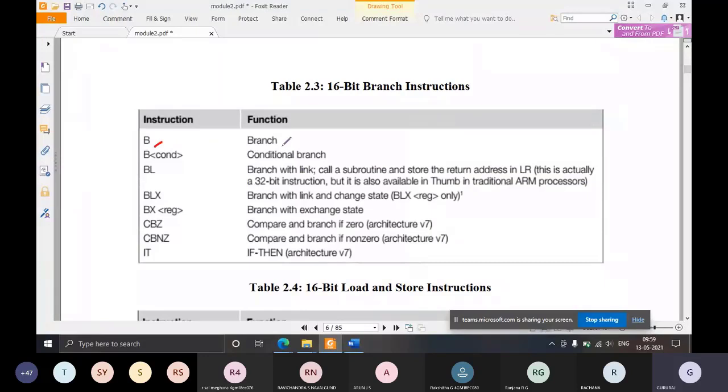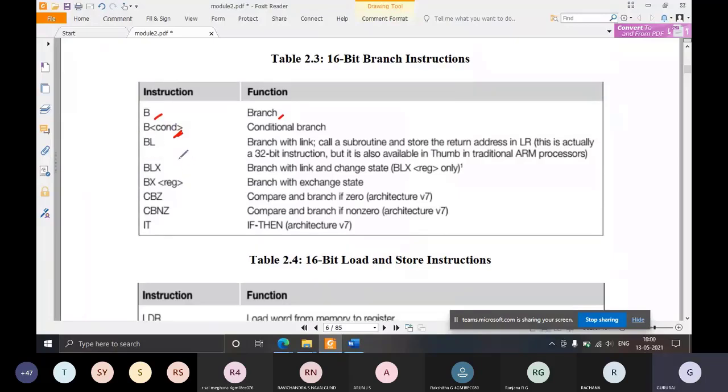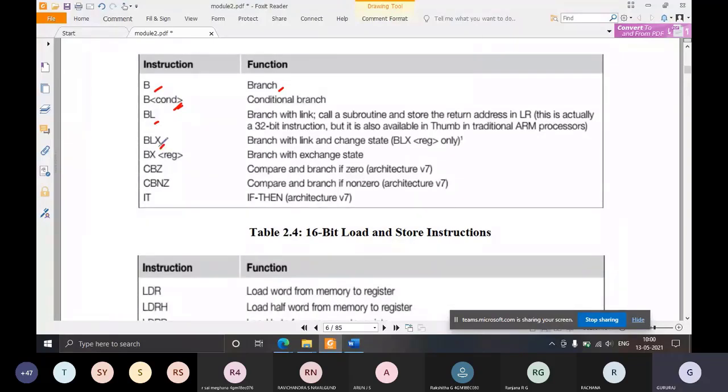B means direct branch. B with condition: the conditions are equal, not equal, less than, greater than, those suffixes we saw. BL is branch with link register; we shall see that later. Next, branch with link and exchange, BLX.